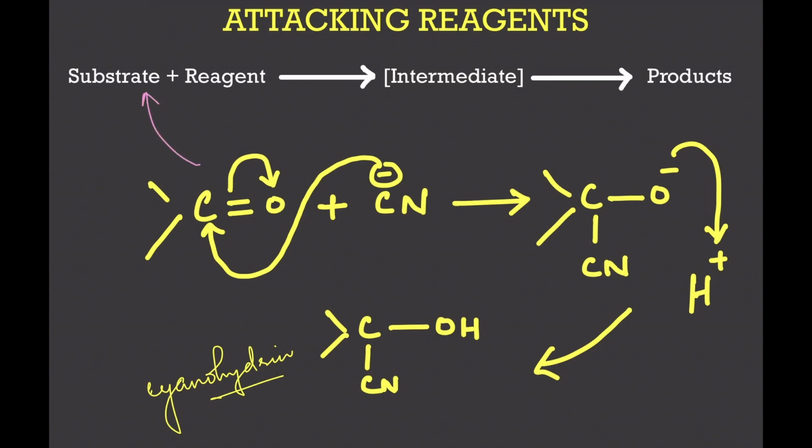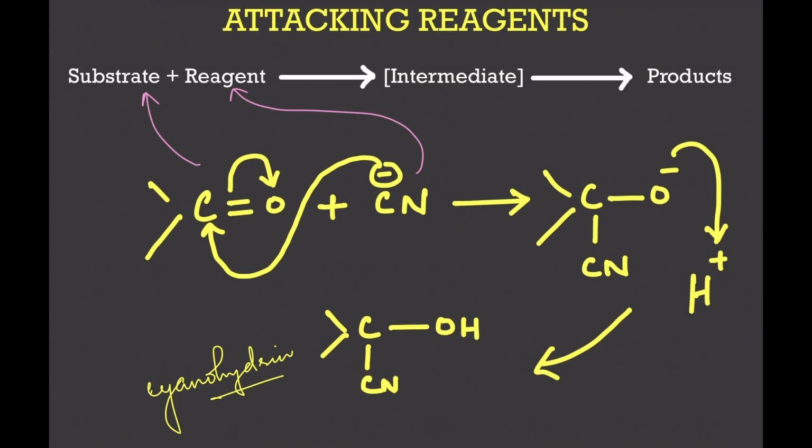The attacking action was performed by cyanide ion, which is the negatively charged species here. It is rich in electron and it can attack any center which is electron deficient, and that is why it attacks this carbon center, because it is electron deficient. Such species will be regarded as the reagent.